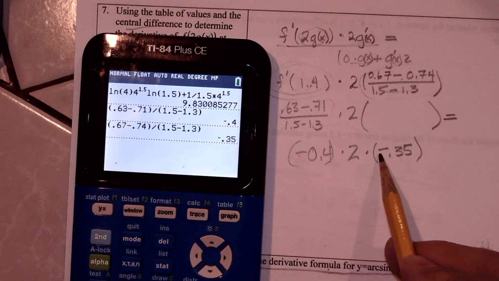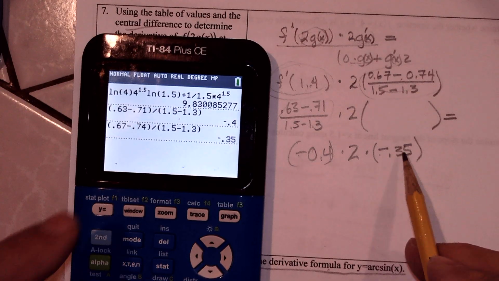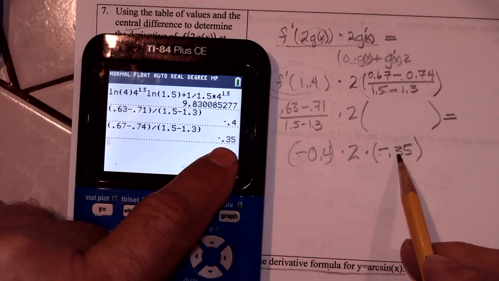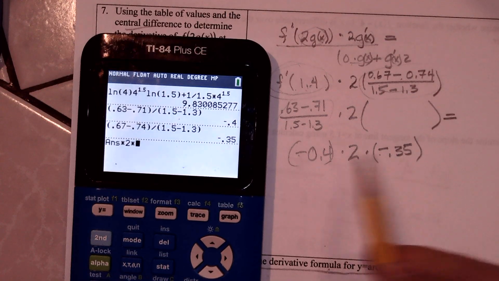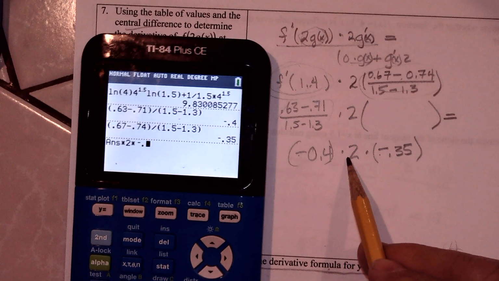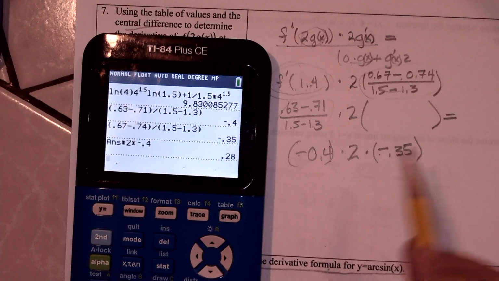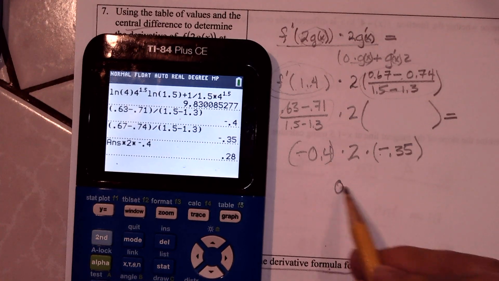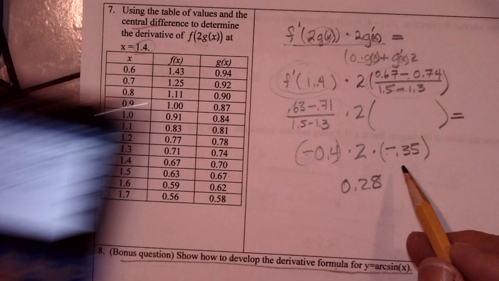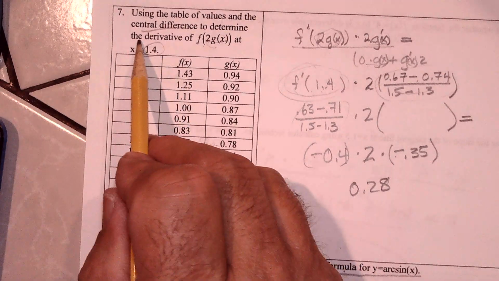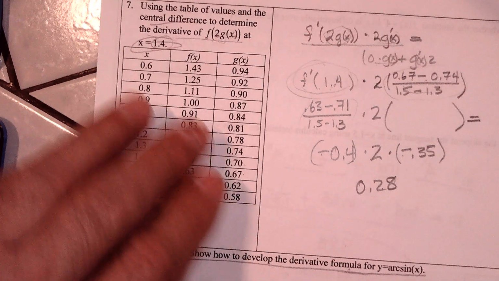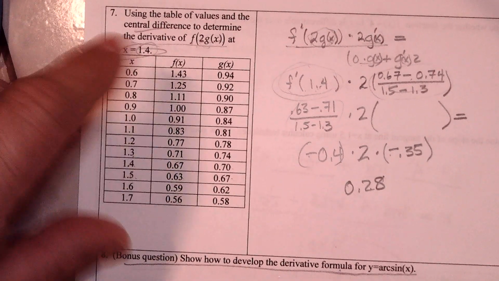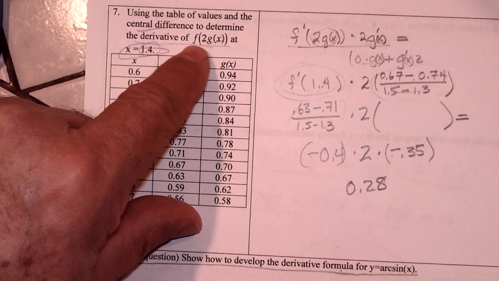So we got negative times negative, it's positive, but I'm just going to use that times 2 times negative 0.4, and I get 0.28 as the derivative of this at 1.4. It's a good estimate for the slope of the tangent line to this function.